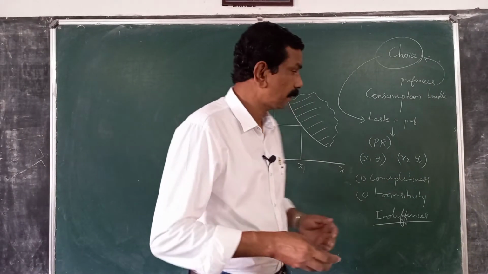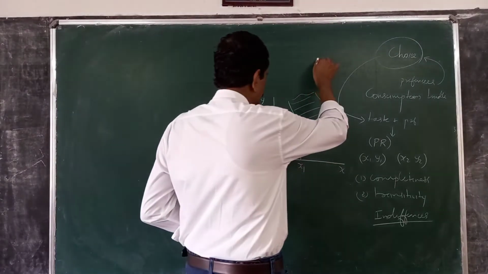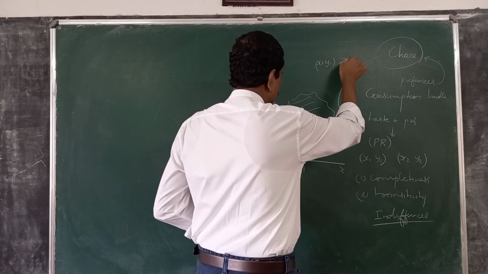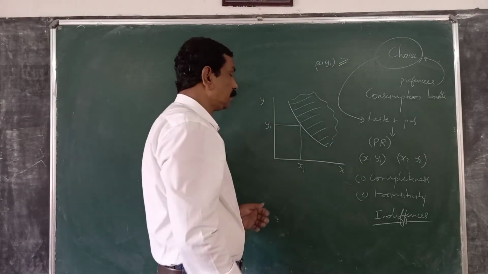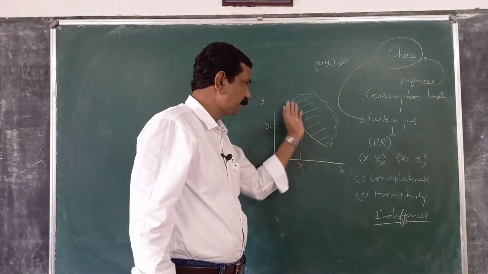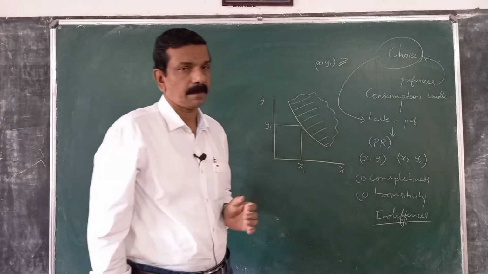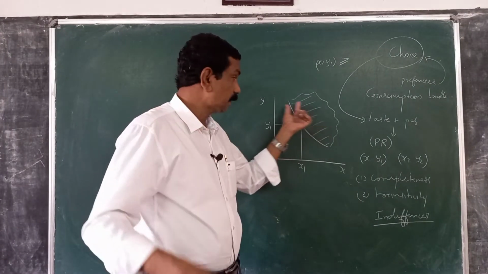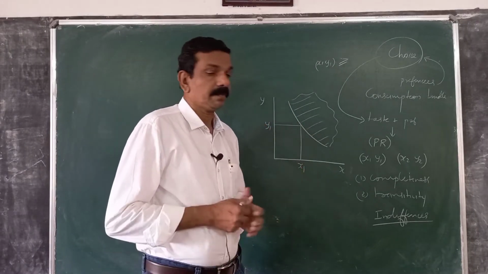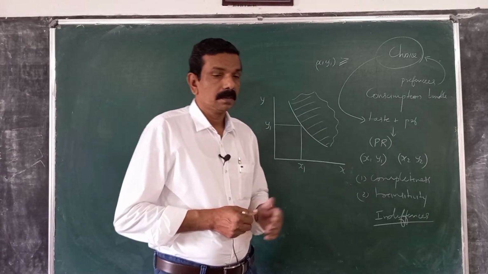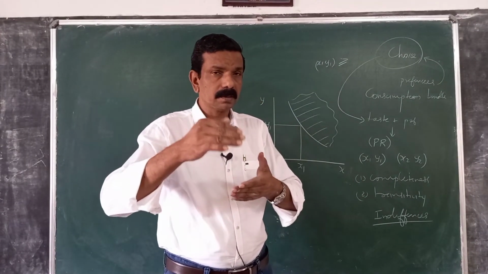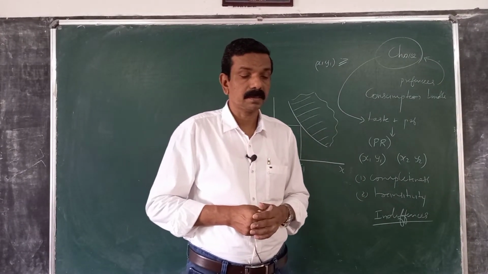In the graph, this shaded area represents all the bundles which are weakly preferred to x1, y1, and we call this the weakly preferred set.